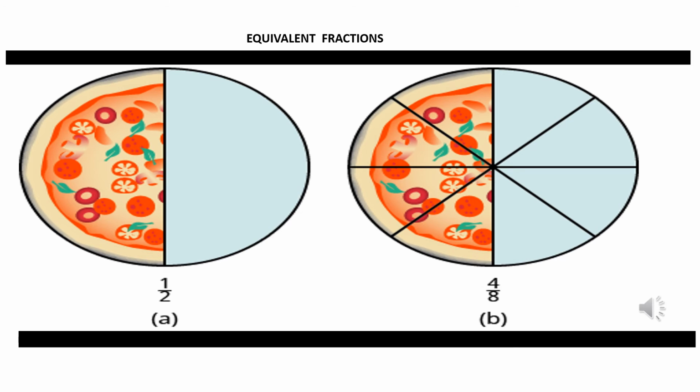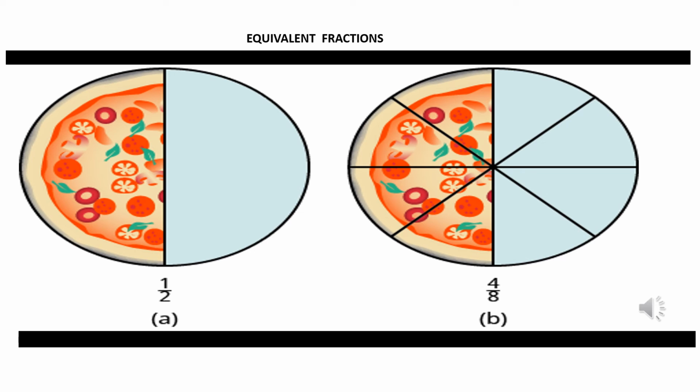Now the second step, multiply the numerator of the second fraction, which is 4, by the denominator of the first fraction, which is 5, and the answer is 20. So the first product was 18, and the second product is 20. So 18 is not equal to 20, therefore 3 by 5 is not equal to 4 by 6. That means these two are not equivalent fractions.